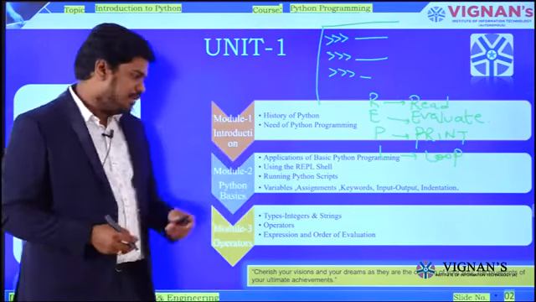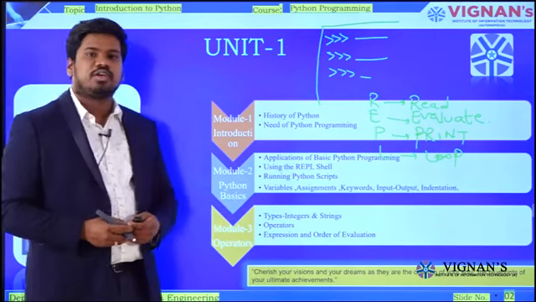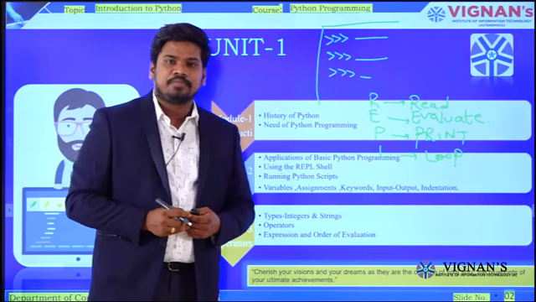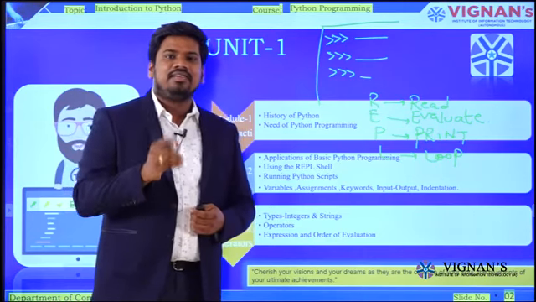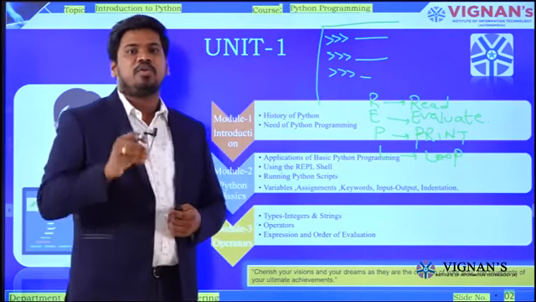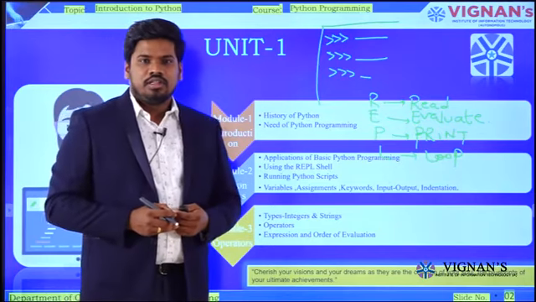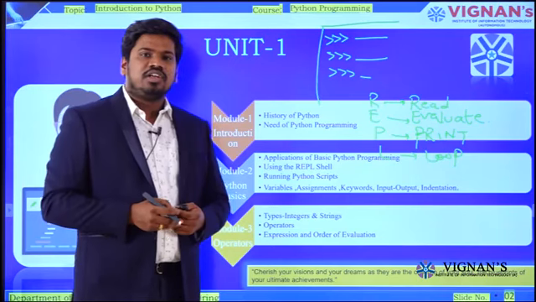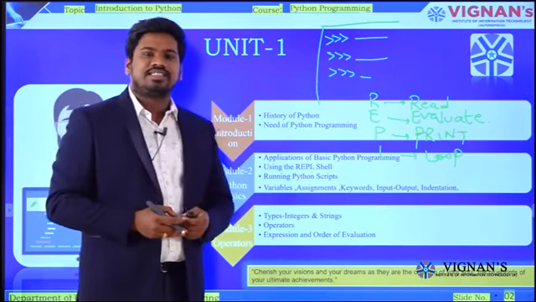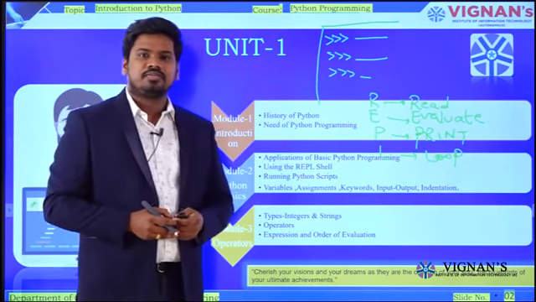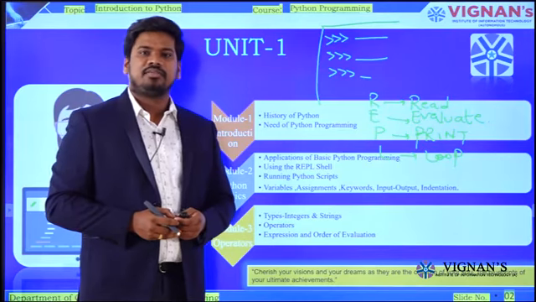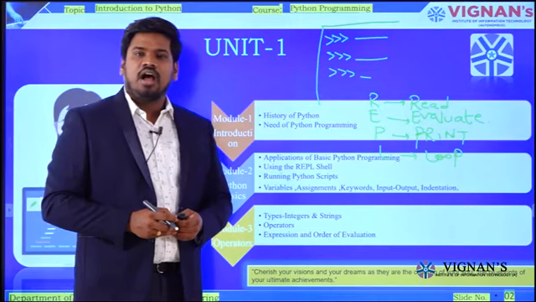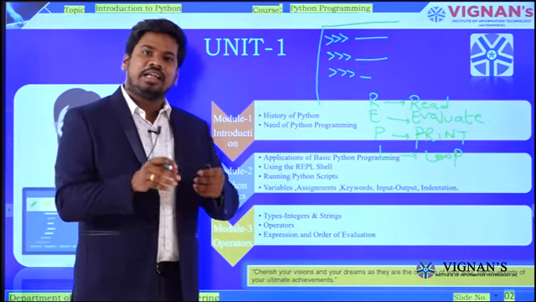Coming to module number 3, we will talk about the various operators in Python programming. Python is a very simple programming language. Whatever operators we have seen in C, C++ and Java, all those operators are available in Python as well.